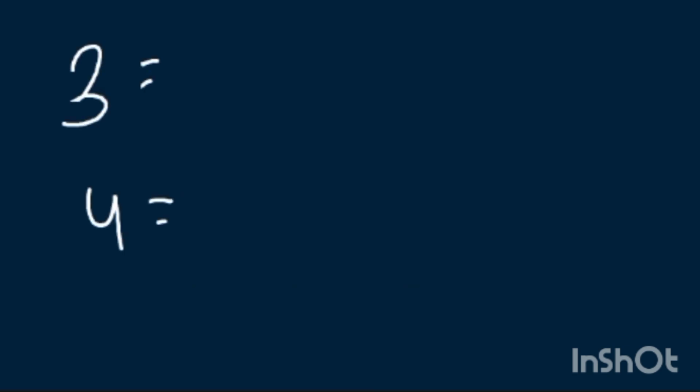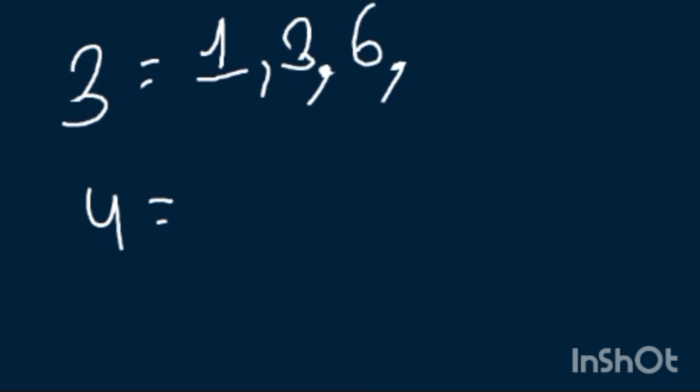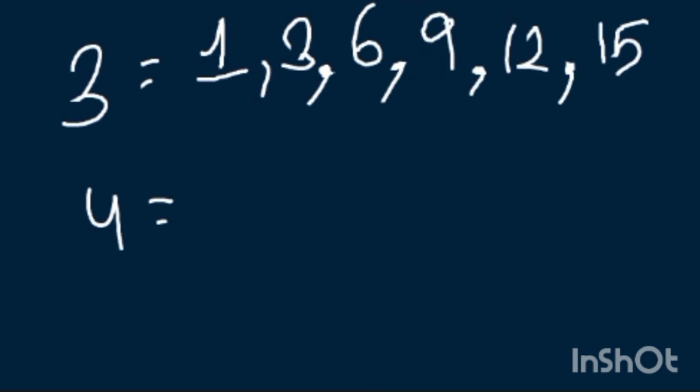First you need to find the multiples of 3, the table of 3. So we have 3, 6, 9, 12, then 15. And now we need to find the multiples of 4.